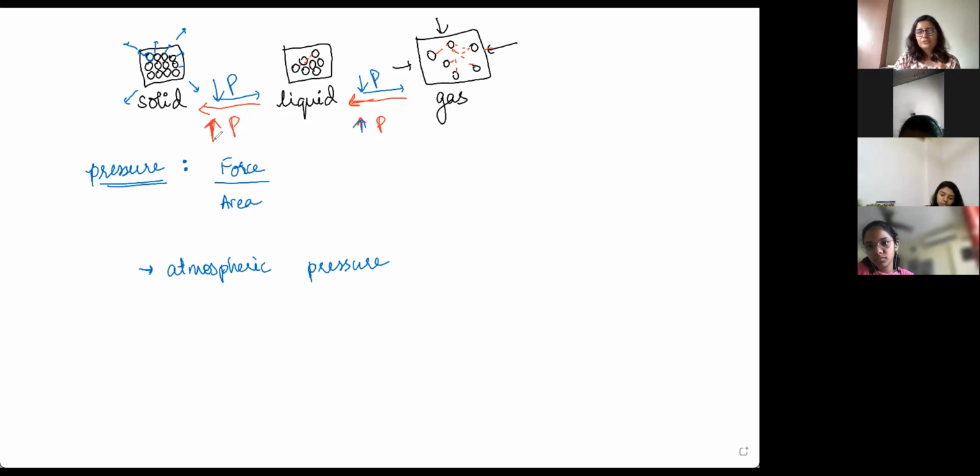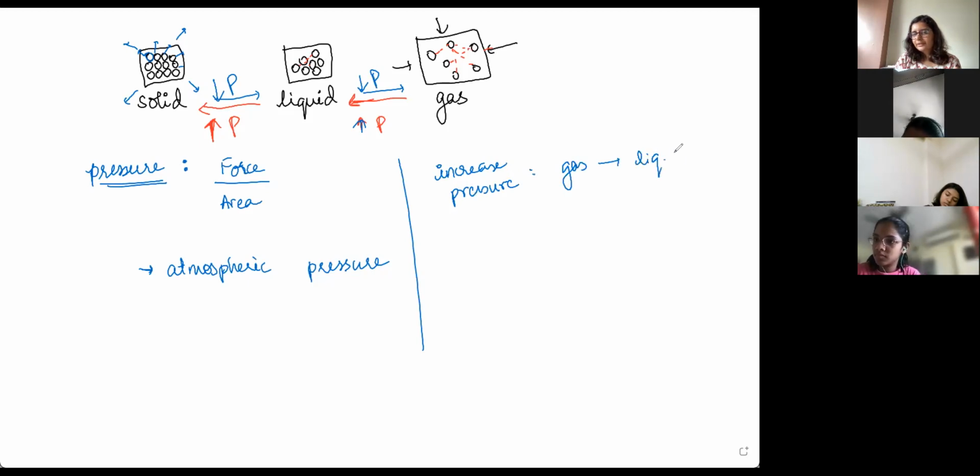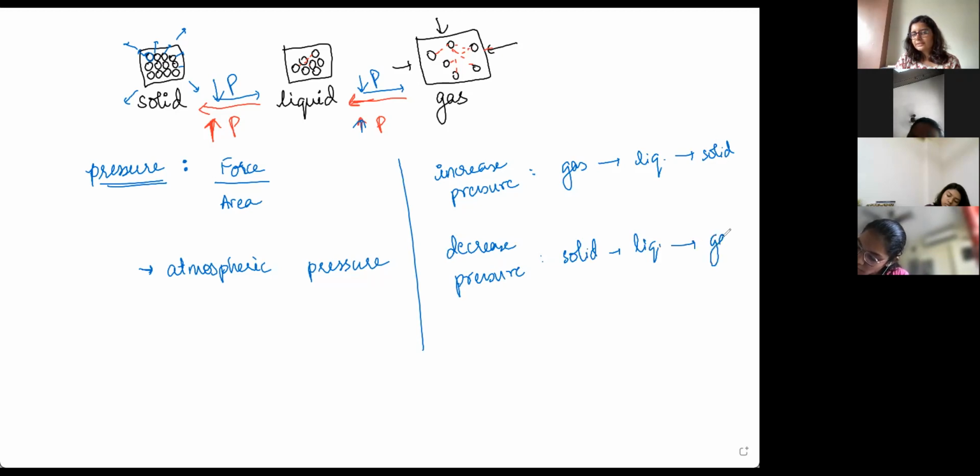Okay. If this is unclear, you can write it in a clearer way. Increase pressure: gas turns into liquid, liquid turns into solid. Decreasing the pressure: solid turns into liquid and liquid turns into gas.